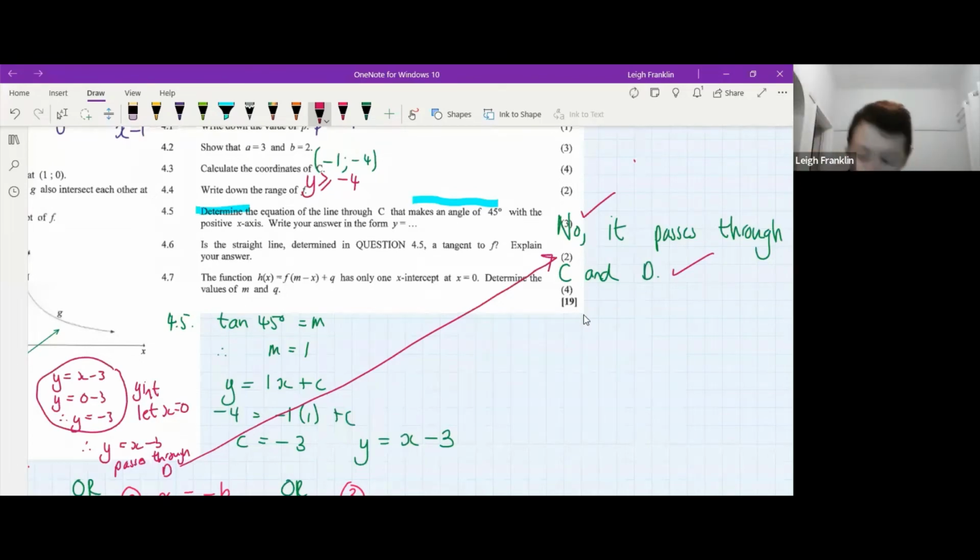Does it make sense to you that this is a transformation sort of question? I mean, the fact that they've given us h of x equals f of m minus x plus q, that's them telling us that some kind of transformation has taken place and that we've got this new graph h of x, right? So now let's just unpack this a little bit more.